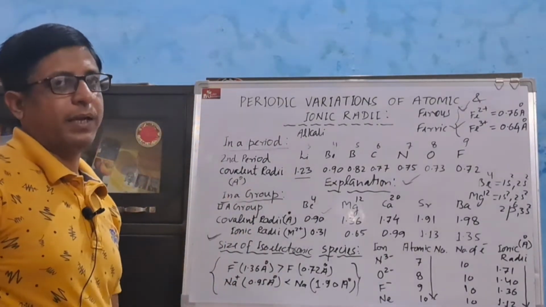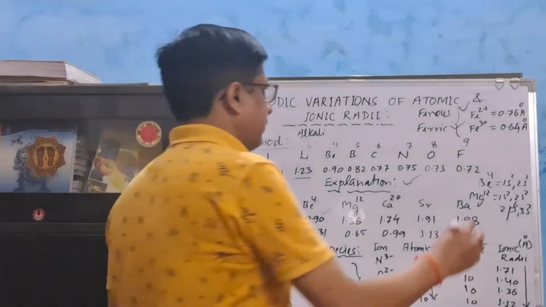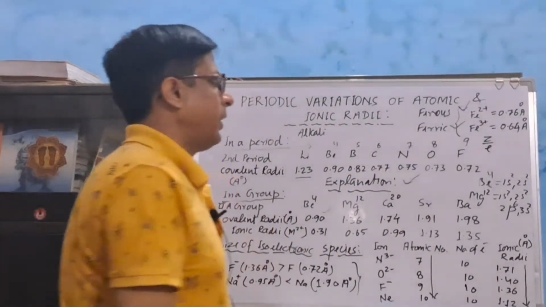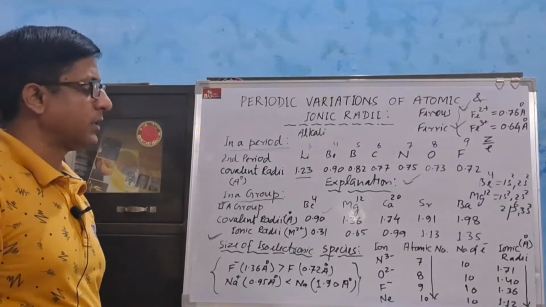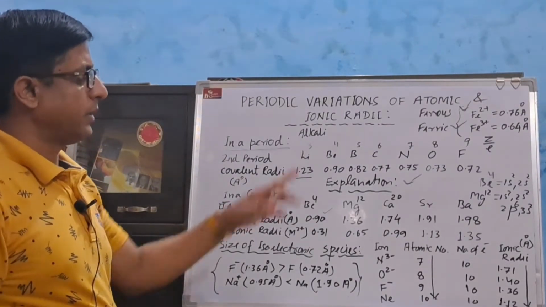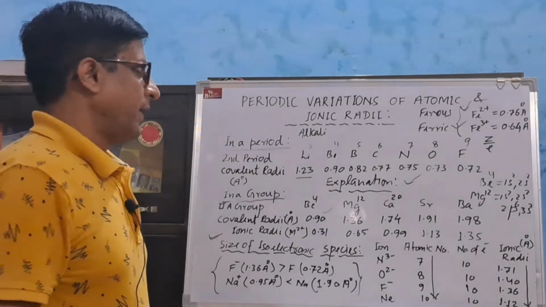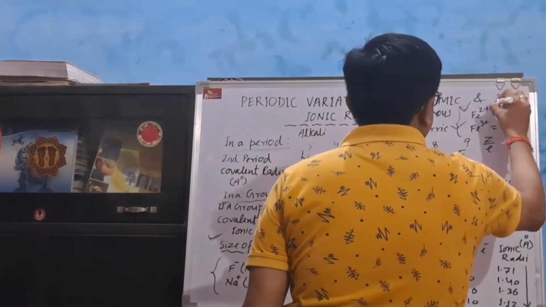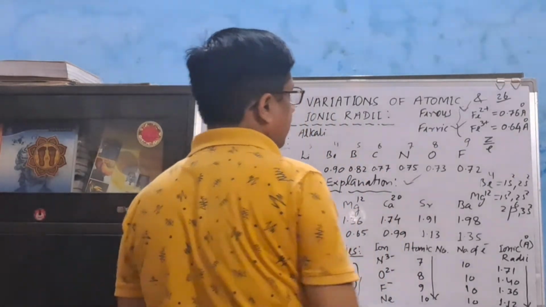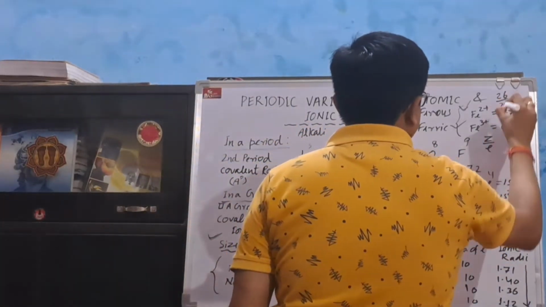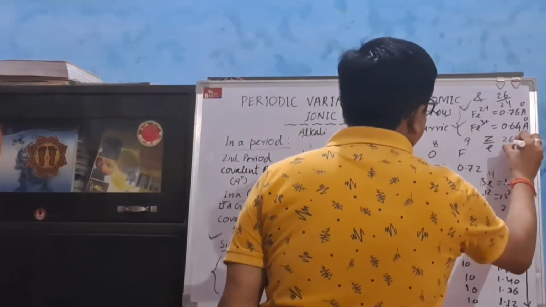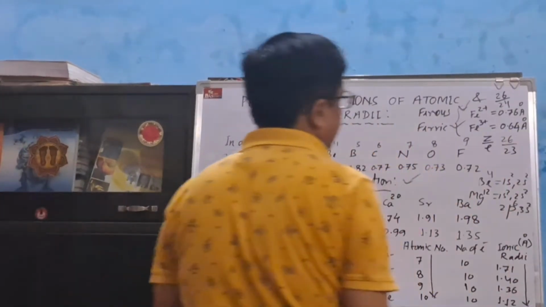This can be explained on the basis of the Z upon E concept. Z is nuclear charge, E is number of electrons. In case of ferrous ion, Z upon E ratio is 26 upon 24, but in case of ferric ion, Z upon E ratio is 26 upon 23.